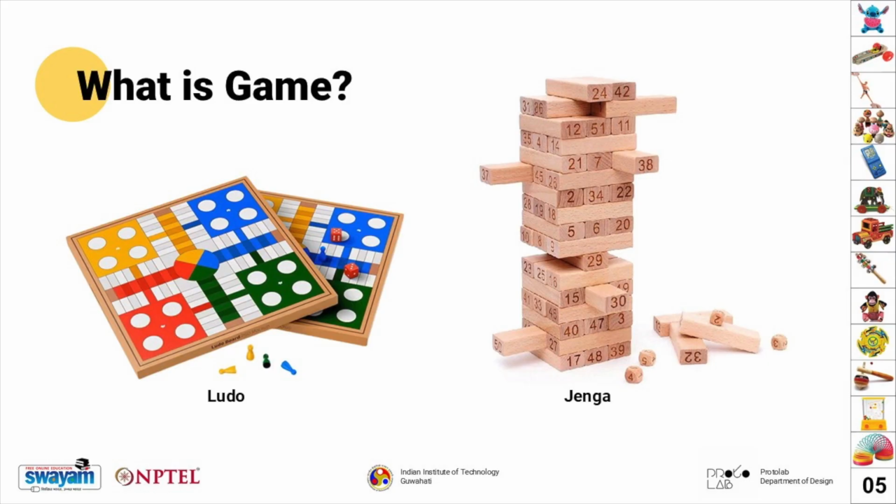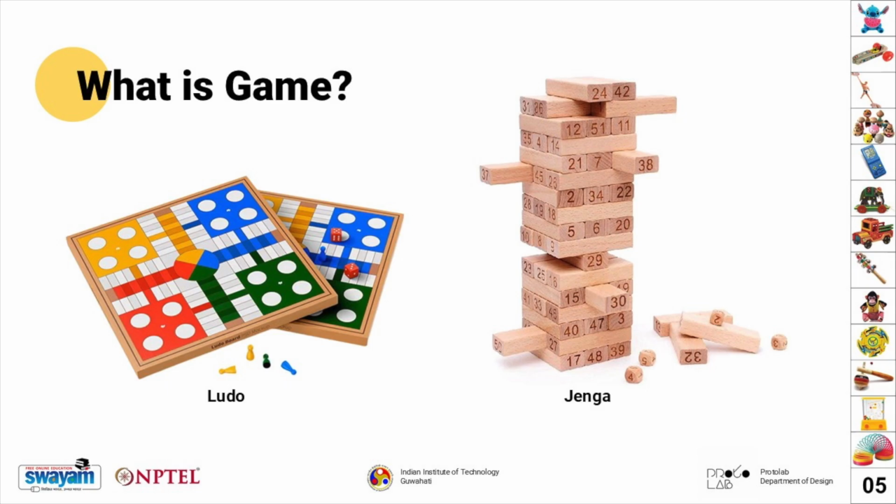What is a game? Games are a more structured form of play. A game has a goal, rules, boundaries, and roles. Games can sometimes be collaborative and sometimes competitive. They are usually a way to win or complete something.